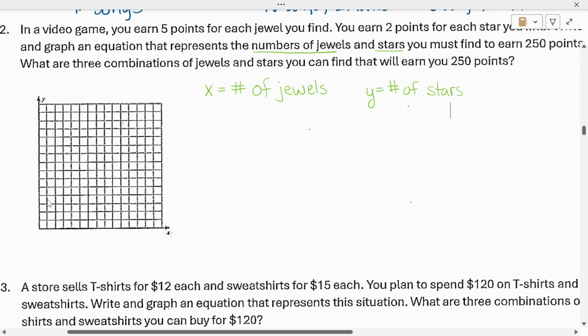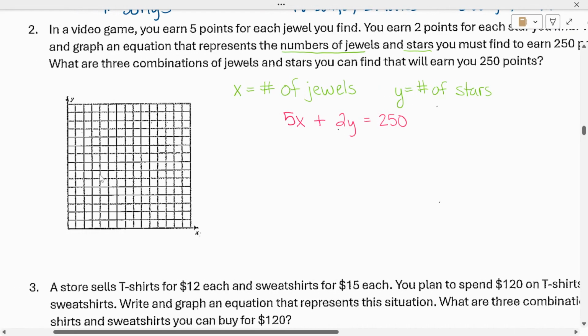How many total points are we trying to earn? 250. So how many points is a jewel worth? So that's going to be 5x plus, how many points is a star worth? 2y equals 250.